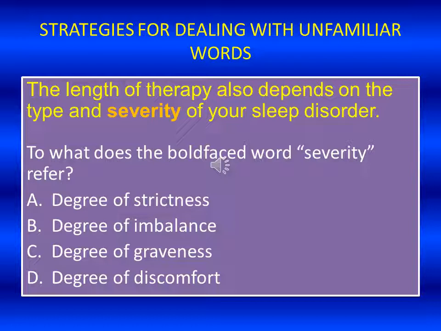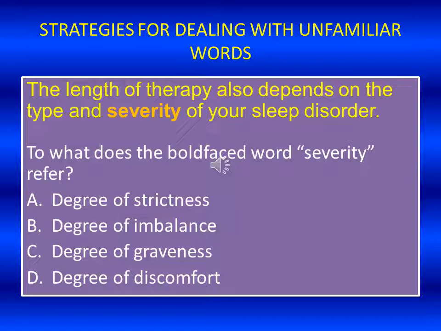Now, the problem is severe can mean strict, can mean grave or serious. So you have to look for clues in the context to try to figure out which one of the options makes more sense. The length of therapy also depends on the type and degree of strictness, on how strict your sleep disorder is, or the length of therapy also depends on the type and how serious or how grave your sleep disorder is.